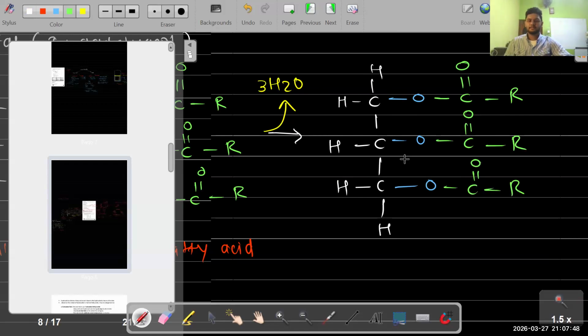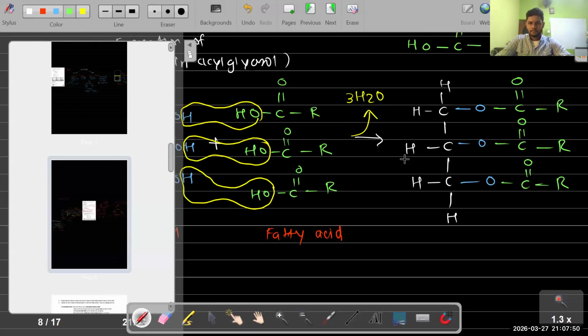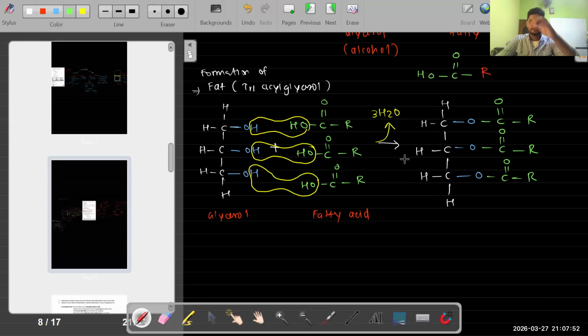Do you agree with this? See here. Can you agree with this or not?